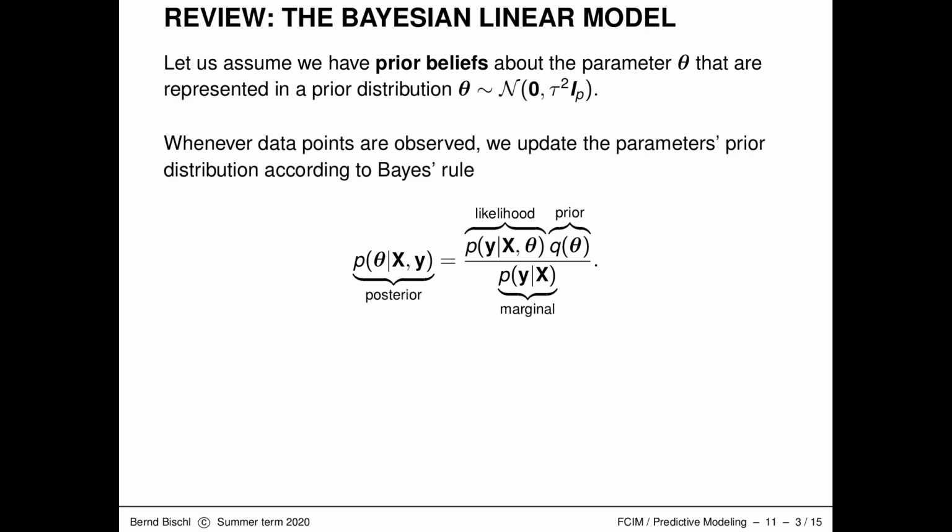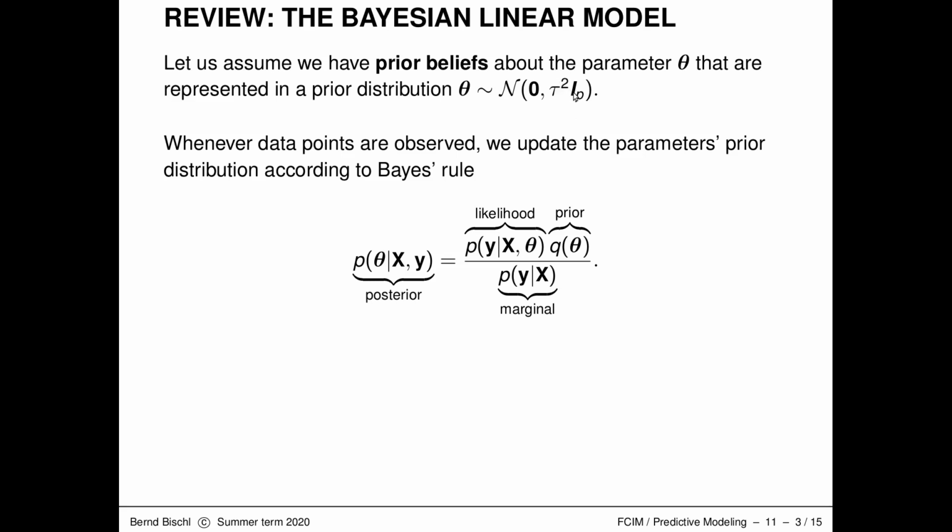And again, to simplify things in this chapter, I will now assume that the prior distribution of my theta vector is simply a zero mean Gaussian, and that this zero mean Gaussian has a super simple covariance structure of a diagonal form.